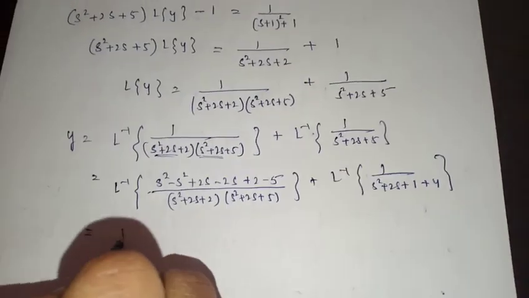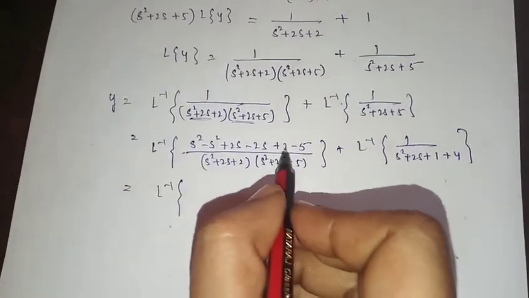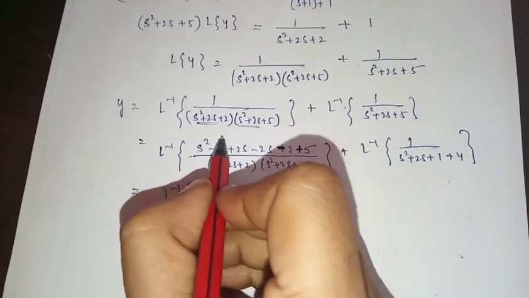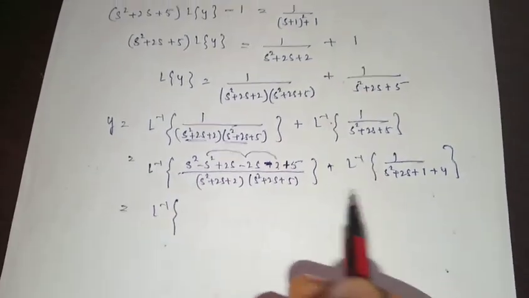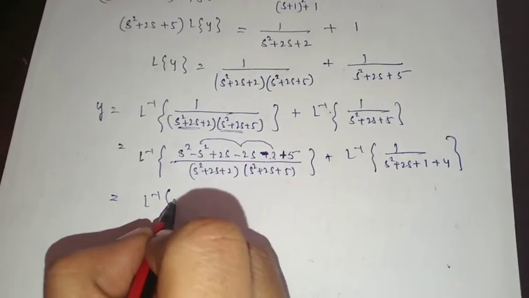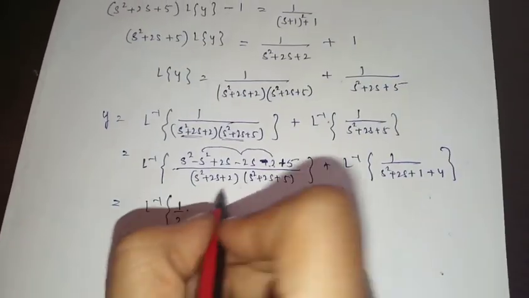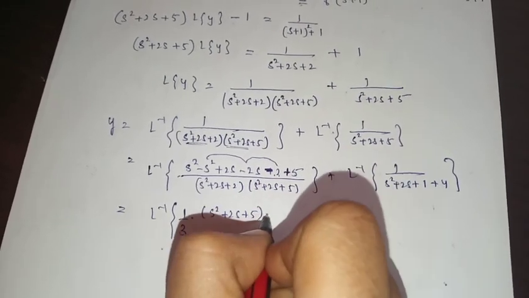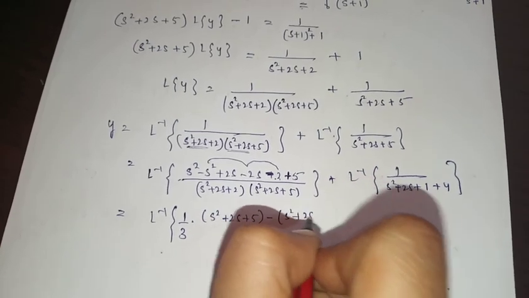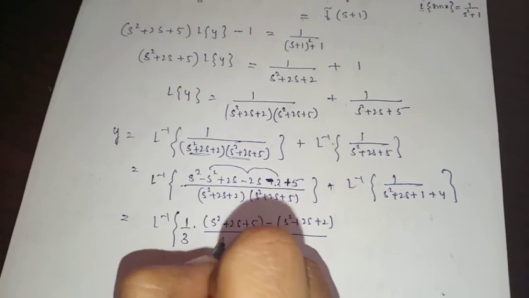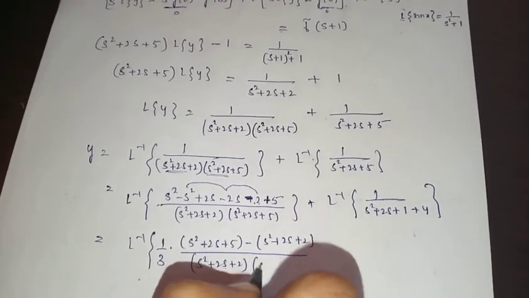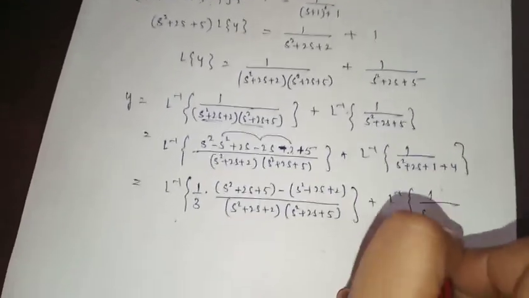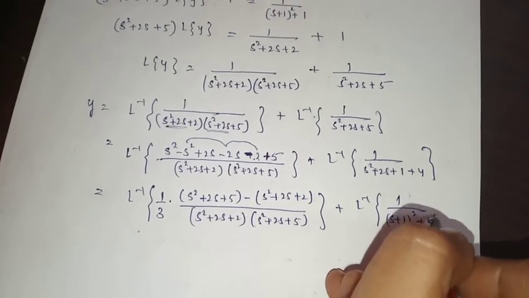So here this becomes Laplace inverse of, here 2 minus 5, so we'll make this plus, it is better, so that we can take all the minus terms together and plus terms together, and 5 minus 2 is 3, so it will become 1 by 3 times (s square plus 2s plus 5 minus s square plus 2s plus 2) by (s square plus 2s plus 2)(s square plus 2s plus 5), plus Laplace inverse of 1 by (s plus 1) whole square plus 2 square.